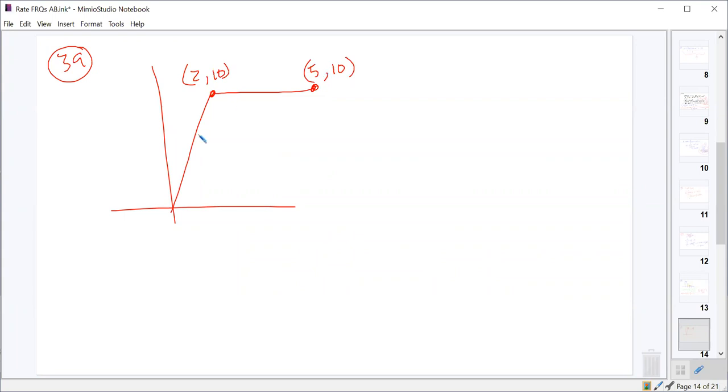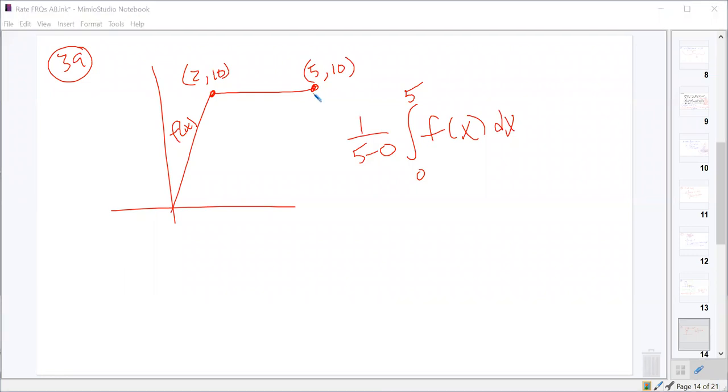So the average value of a function is 1 over b minus a times the integral from a to b of that function. This is f of x. Well, the integral of f of x from 0 to 5 is just the area underneath this curve, which can be broken down into a triangle and a rectangle.